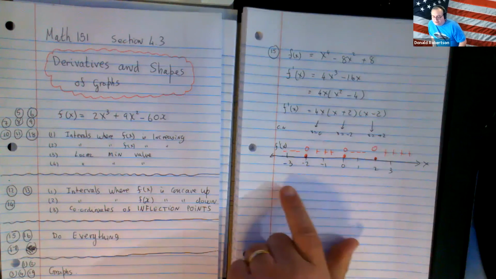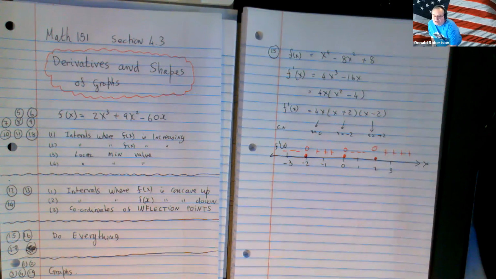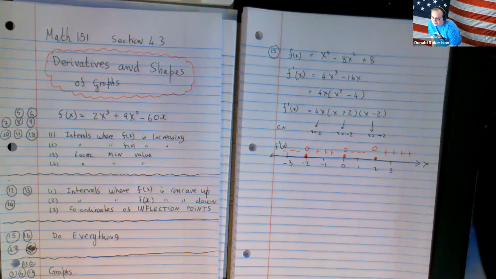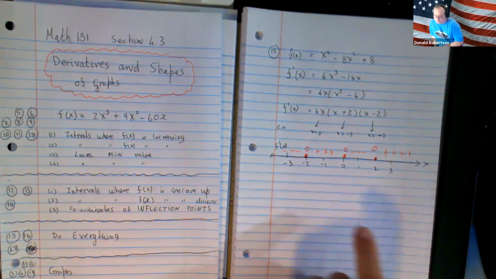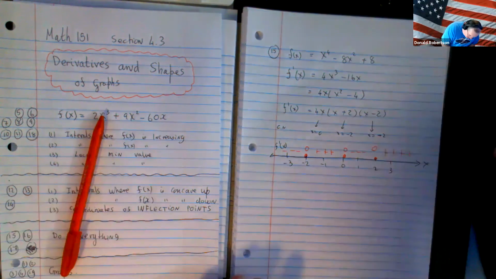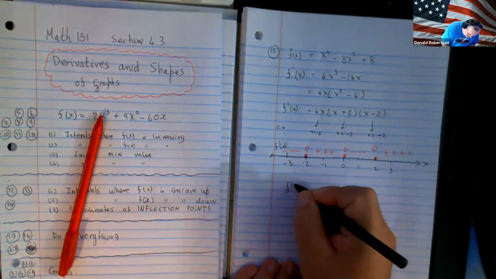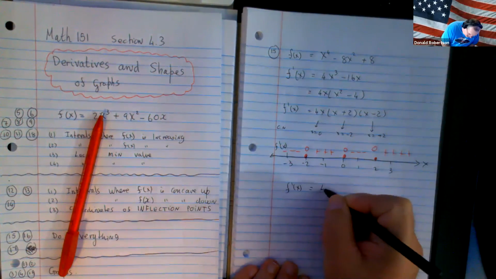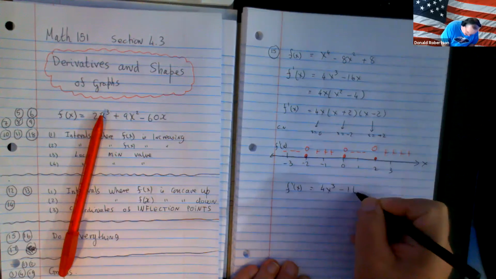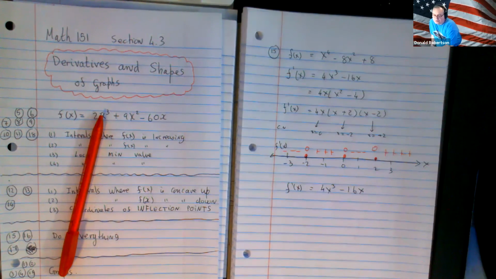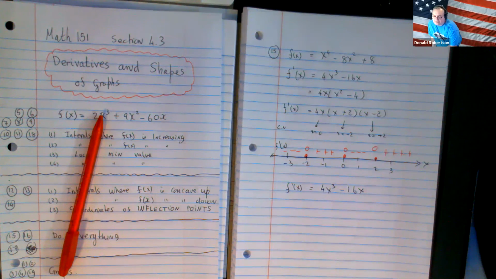Now, from this number line, if we had time, couldn't you tell me the intervals of increasing and decreasing? And couldn't you also tell me where all the local max and mins are? Would you agree we could do that? If we had time, we would. But what I'm going to do instead is return to this guy, and continue onwards and do the concave up and concave down stuff.